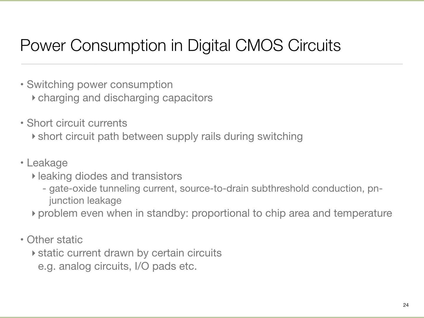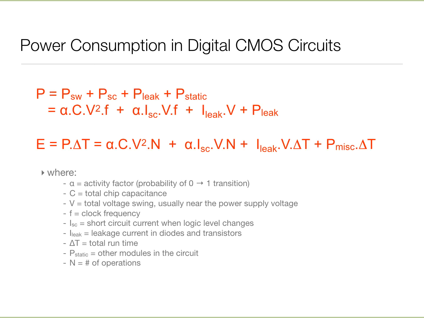And then there is energy which is consumed for static reasons, which is basically leakage or other things in the system, which may not even be silicon or CMOS. So a big part of the power consumption is dependent on the activity.